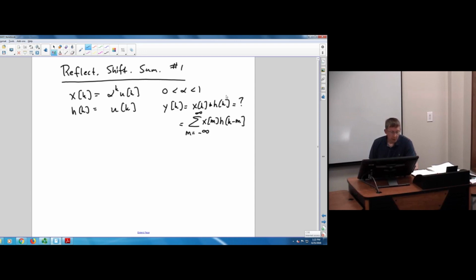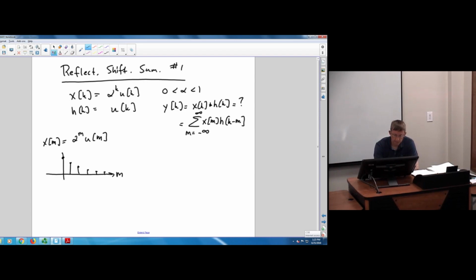All right, so first of all, what does x of m look like? I know what x of k is. x of m is just x of k with k replaced by m. It's just alpha to m, u of m. That's all it is. As a function of m, it's just this decaying discrete time signal.